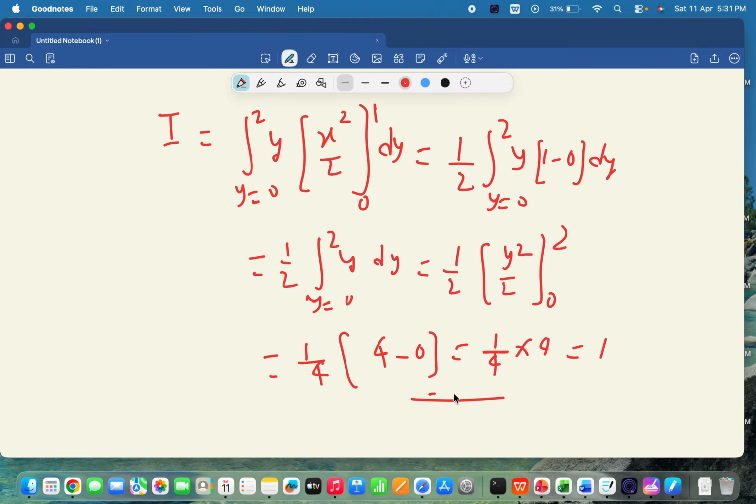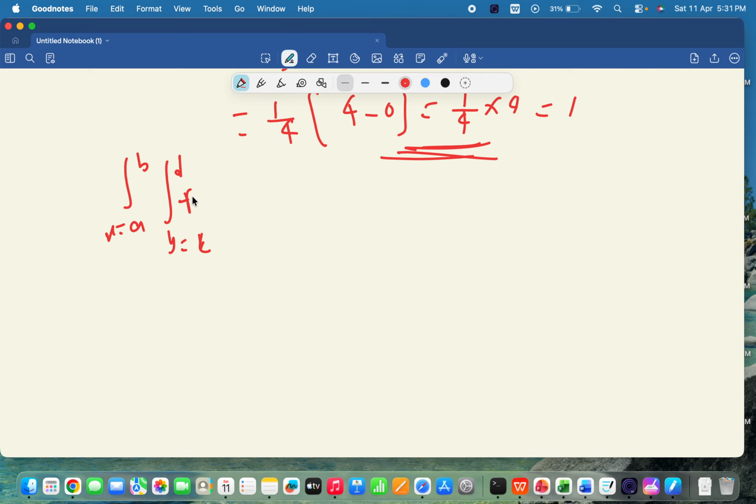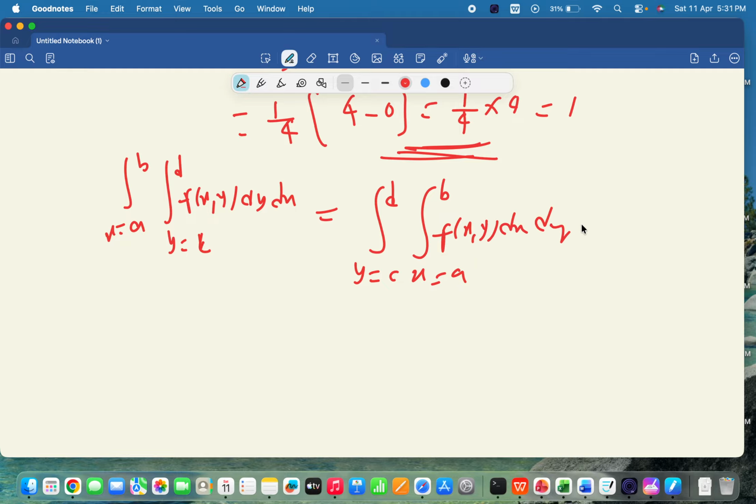So you can see that easily. In case of a rectangle, x from a to b and y from c to d, the integral of f of x comma y dy dx is equal to the integral of y from c to d and x from a to b of f of x comma y dx dy.